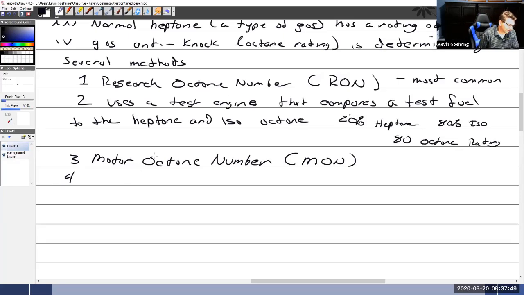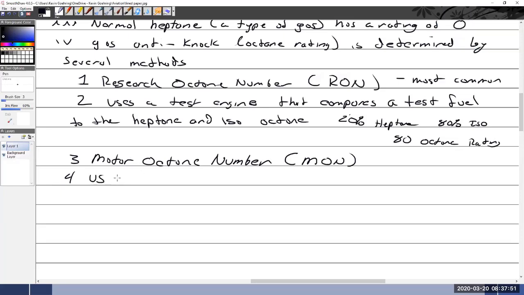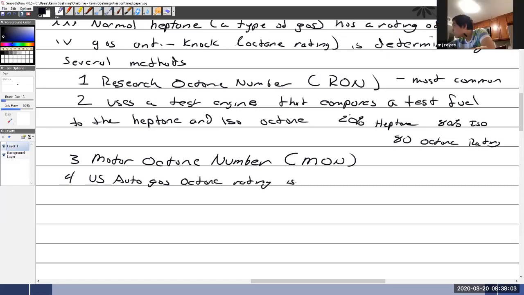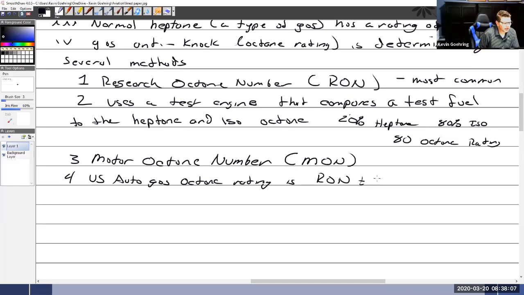So that is, so US auto gas octane rating is done in the RON plus MON, divided by 2.